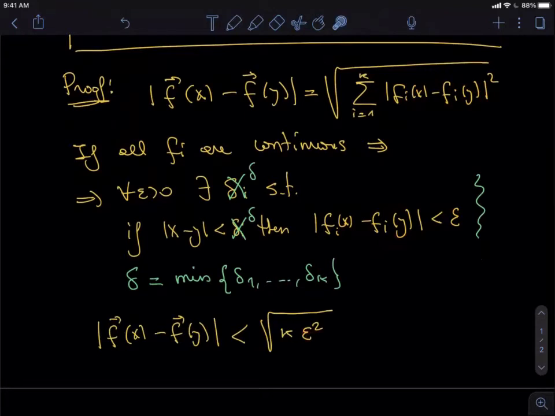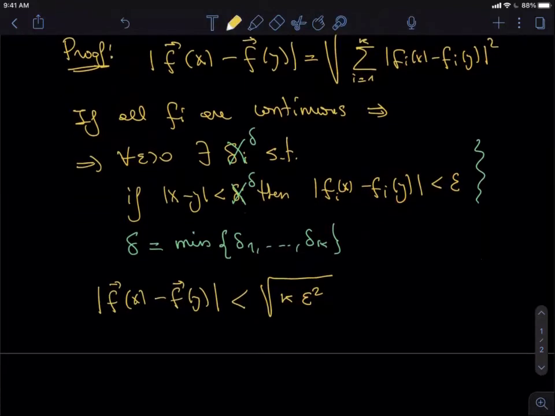And if we don't like the way this looks, this already gives continuity, because here we have something that is very small. So what we're saying is, for every epsilon, there exists some delta such that if the norm of x minus y is less than delta, then f(x) minus f(y) is very close.